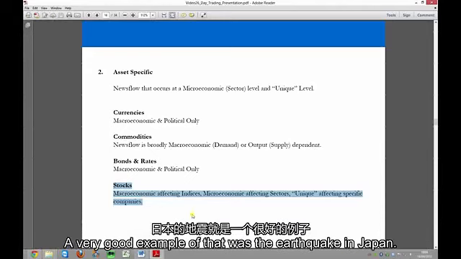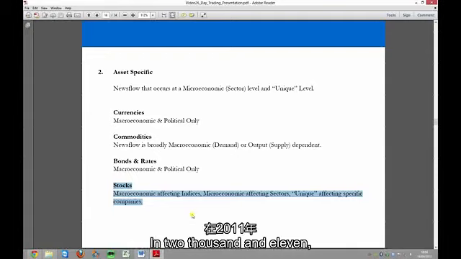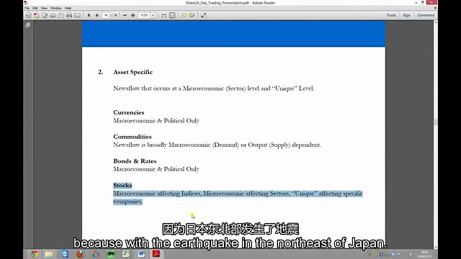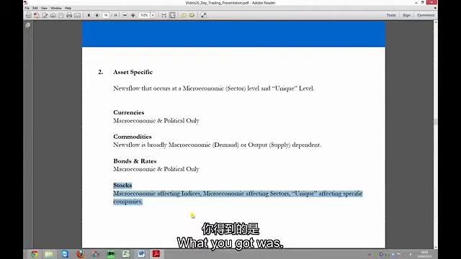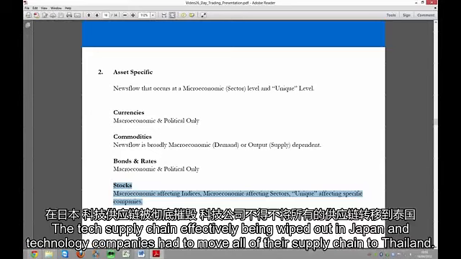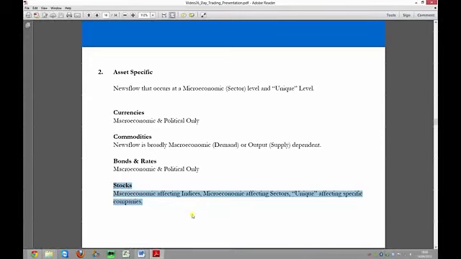A very good example of that was the earthquake in Japan in 2011, because with the earthquake in the northeast of Japan, what you got was the tech supply chain effectively being wiped out in Japan, and technology companies had to move all of their supply chain to Thailand.